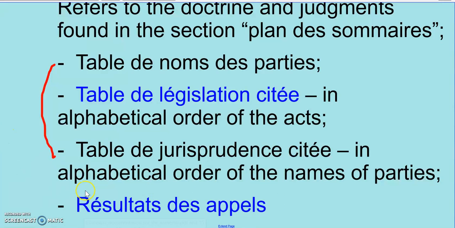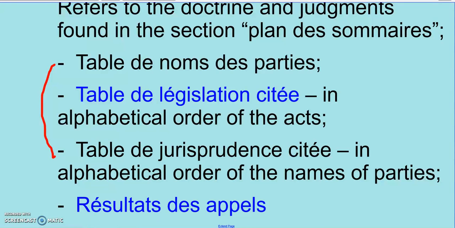The last one that we're going to talk about is the section Résultat des appels. Résultat des appels, I told you, when you find a case that has a little star, you're going to have to do a research to see what was the result in appeal.